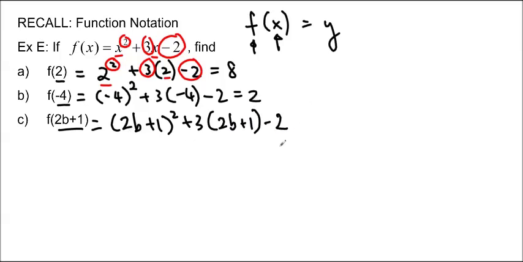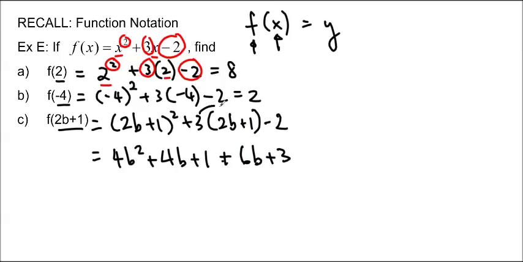Since this isn't all numbers, I'm not going to be able to evaluate it, but I can simplify it. So to simplify that, I'm going to multiply 2b plus 1 times 2b plus 1, which gives us 4b squared plus 4b plus 1, plus 6b plus 3, because I'm just using the distributive property, minus 2.